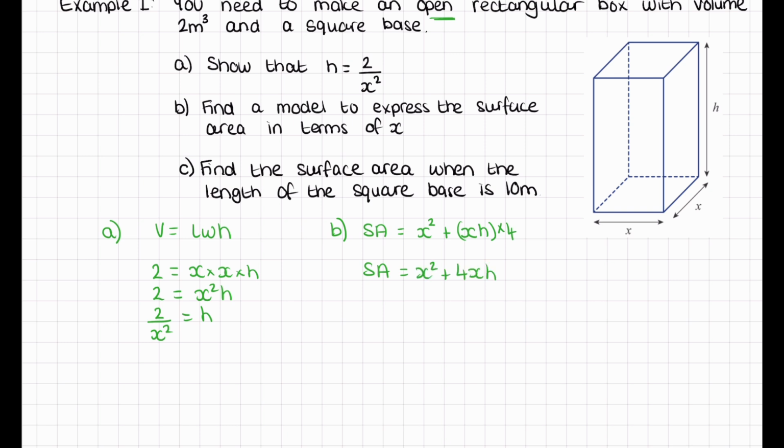Now, in the question, it says express the surface area in terms of x. When it says in terms of x, what that means is we are only allowed x as a variable within our equation. At the moment, we've got x and we have h. So what we can do here is replace the h with 2 over x squared, because we know from the last part that h equals 2 over x squared.